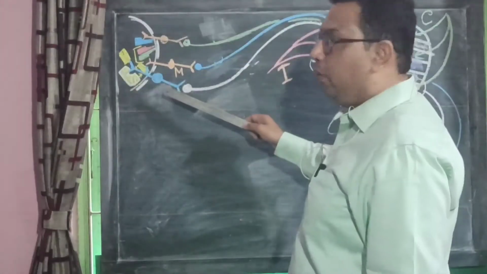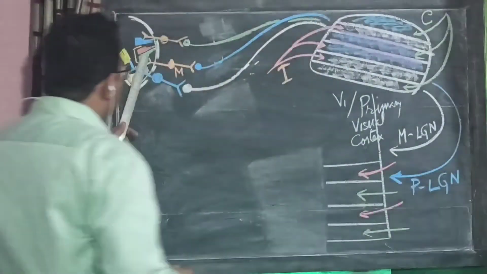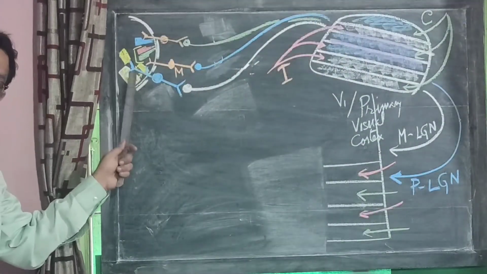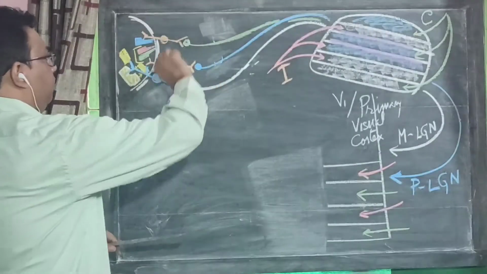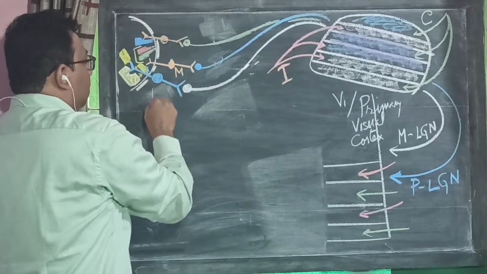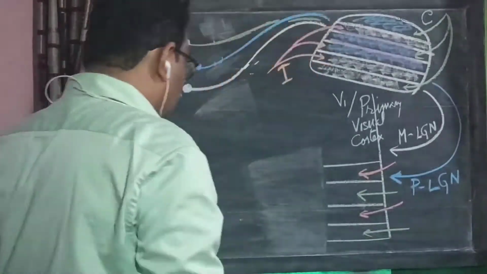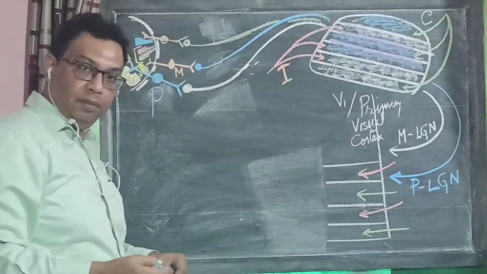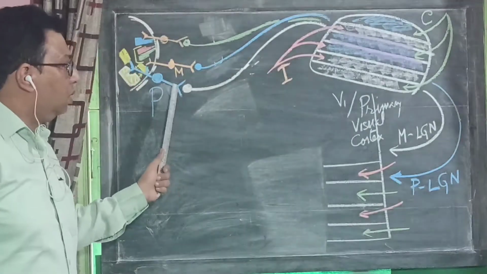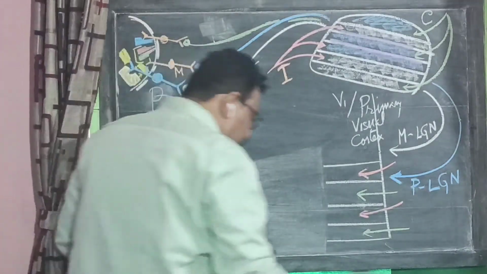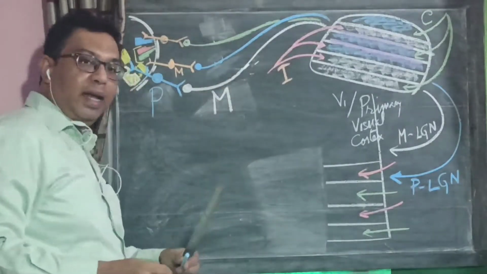Regarding the bipolar cell carrying them away, this is the bipolar cell which caters to the rods. So many rods will converge on one bipolar cell. This bipolar cell is a parasol or a diffuse bipolar cell, which signals to a magnocellular ganglion cell.